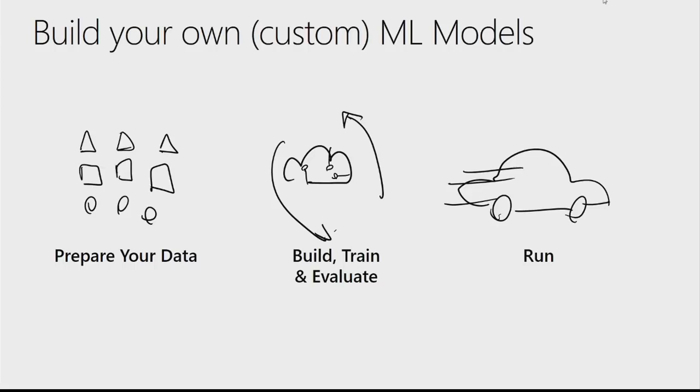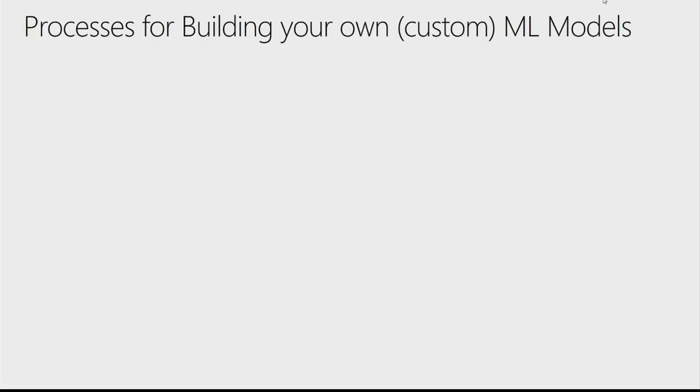So for that, you typically have different phases. You prepare your data, you need to work with the data, massage the data a lot, and then you need to build and train your own model. So this is the difference compared to pre-built AI, where you just consume it or use it in your application, right?